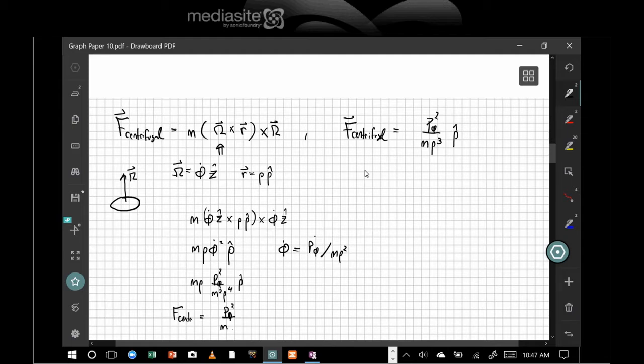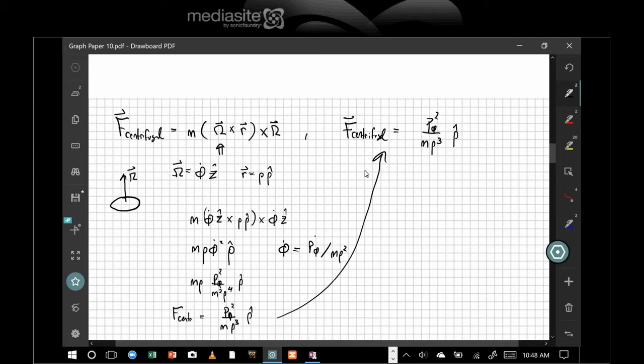Say I have a disc spinning, and the disk has an angular speed omega like this. Say it has a constant angular speed, or this is its angular velocity. So I can say this is equal to phi dot in the z hat direction. And then r is a radius vector along the radius of the disk in a polar coordinate system like that.